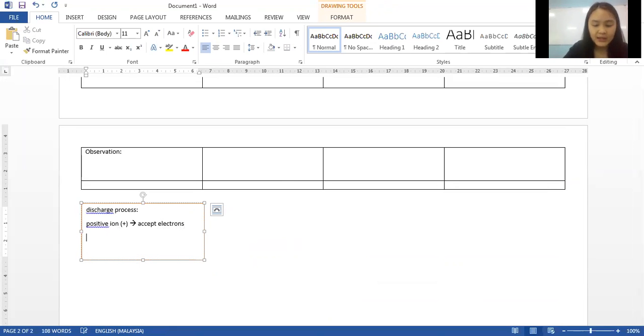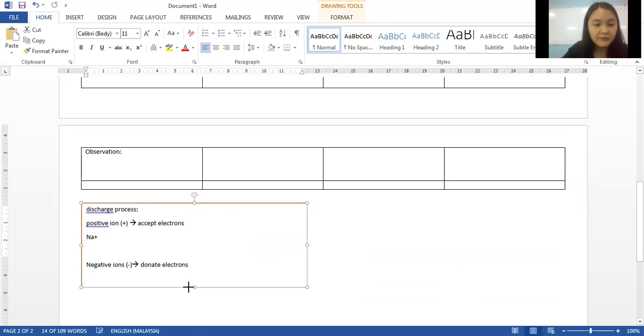For example, if you have the positive ion Na plus, from the formula itself, you understand that Na plus has lost one electron. So in order for it to remove the positive charge, it needs to accept one electron.